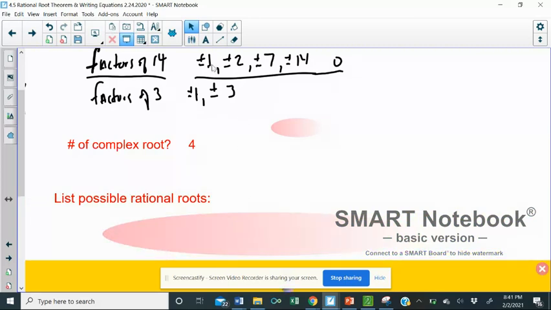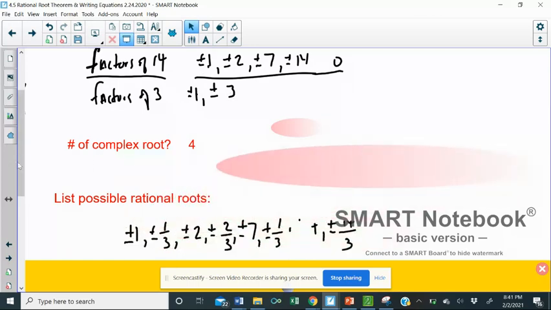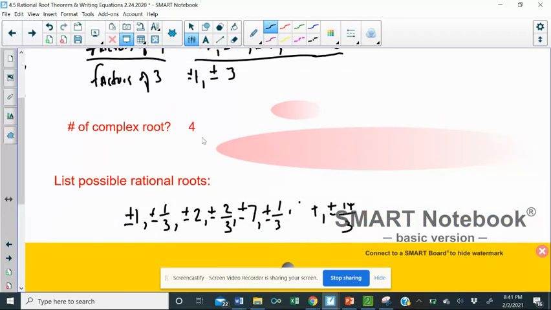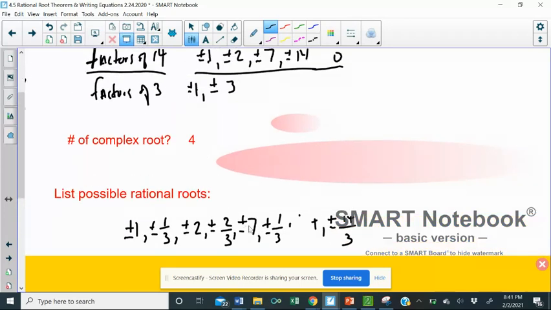Okay, so again, when we're doing this, we take each number: 1 divided by 1, 1 divided by 3, 2 divided by 1, 2 divided by 3. We go through, and I lost a few. 1/3, 2/3. What did we lose? Plus or minus 1, 1/3, 2, 2/3, 7. I missed a 7/3, right?